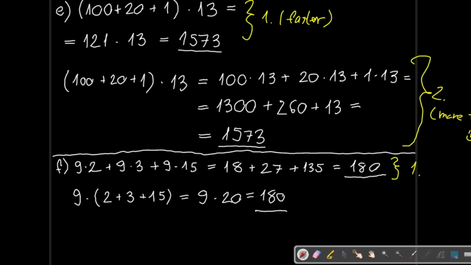And personally, the second way was easier. We just noticed that each number here is multiplied by 9. We wrote it out of the bracket, and then in the bracket we wrote the numbers which were multiplied by 9, separated by the plus signs, since we have a plus here. And then we have a simple multiplication. Great.